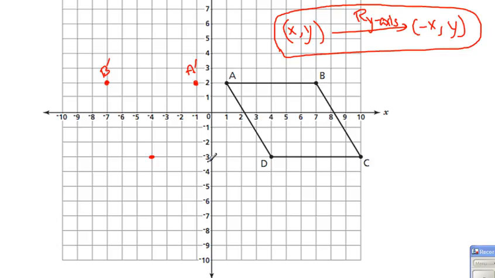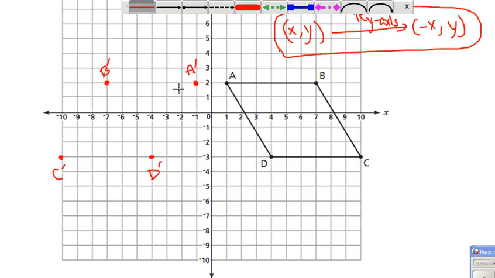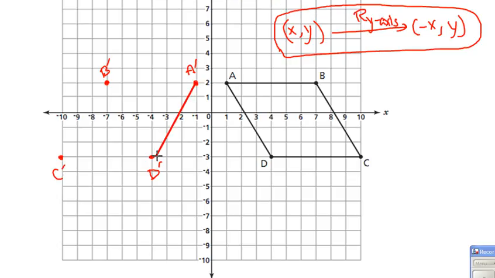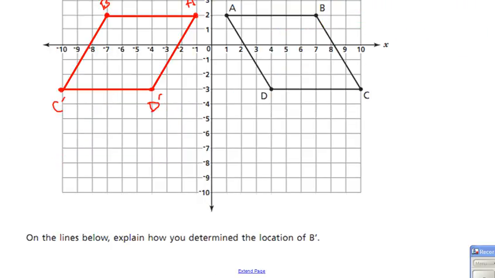Here c, instead of positive 10, we will have it on negative 10. There it goes. This is d prime, c prime. Then our final answer will become, okay, there it goes. That can be our image of this reflected about x-axis.